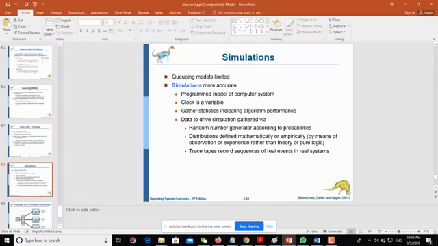Distributions are defined mathematically or empirically, by means of observations or experience rather than theory or pure logic. You can't talk only in theory.